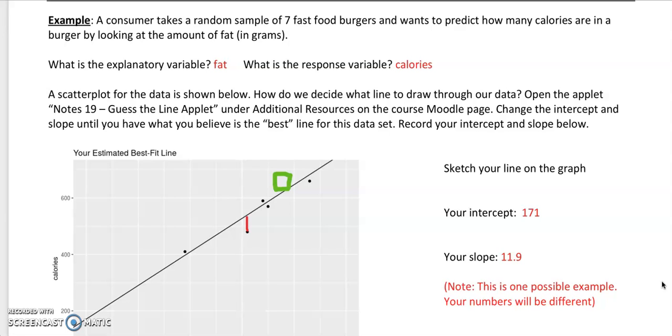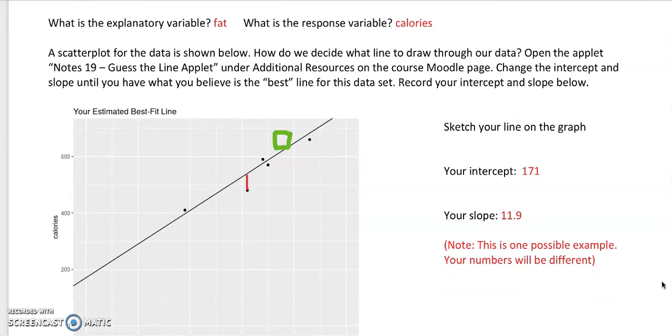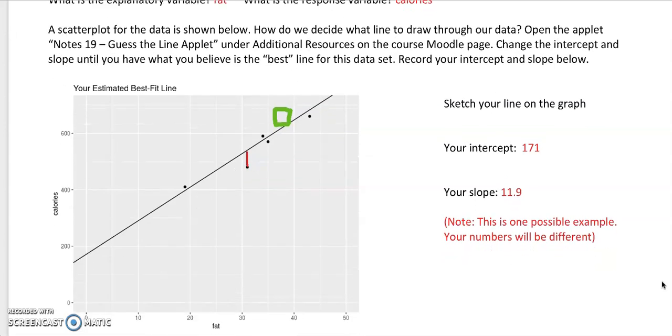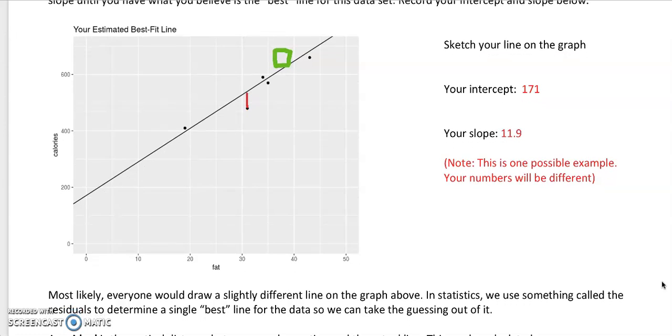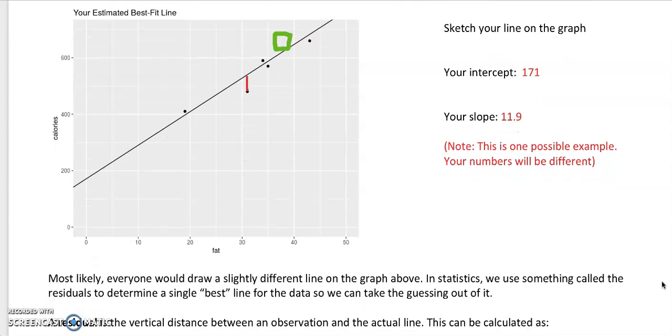So one of the common things that we've seen in statistics is we want some way of saying what's best, like what should we do in this situation? What's the good line for this data? To really understand that, the first thing that we need to talk about is something called a residual. This is going to help us decide what the best line is.